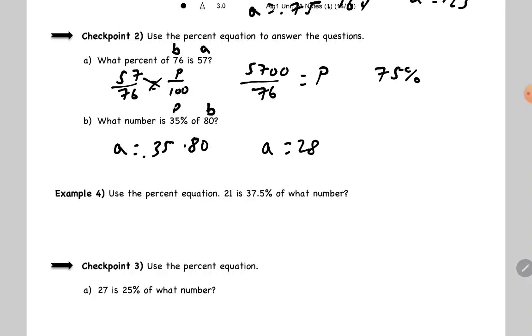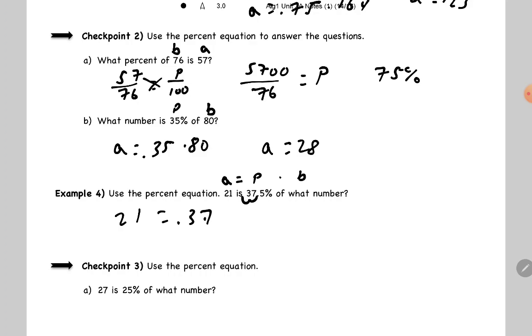Okay, percent equation again. So 21 is 37.5% of one number. So this is actually A equals P times B. So 21 equals 37.5%. Okay. So I'm going to move my decimal place 1, 2.